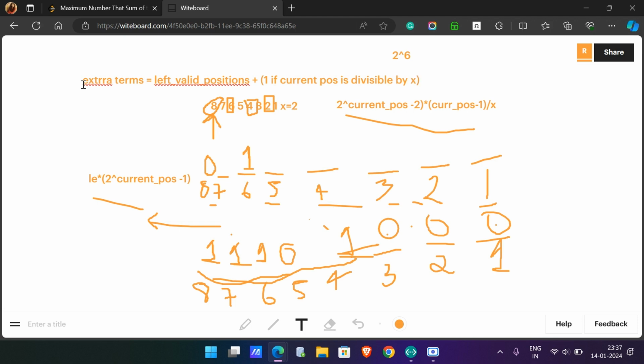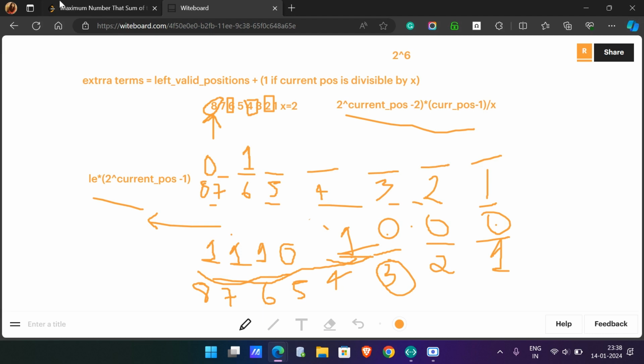Then only I'll be adding 1, because this one will also be contributing. If I check the third position, then this will not be contributing to my answer because this is not a valid index. So if the current index is divisible by x, then only I'll add 1 to my answer. So this is clear, for the left, for the right, and extra terms.